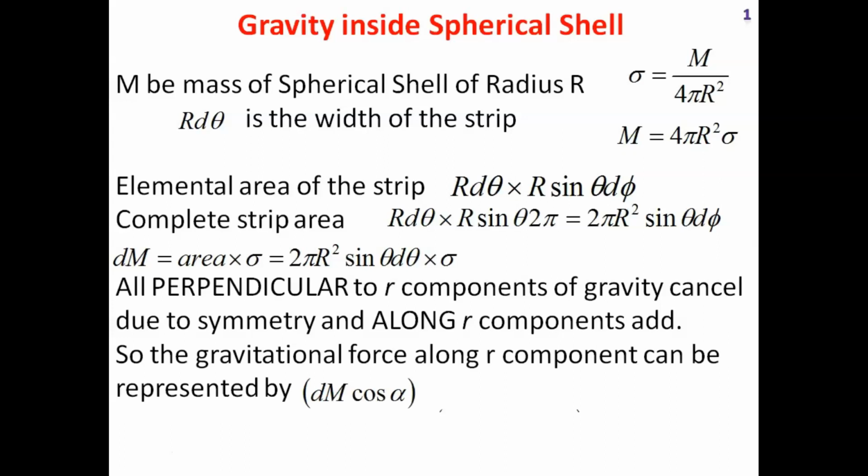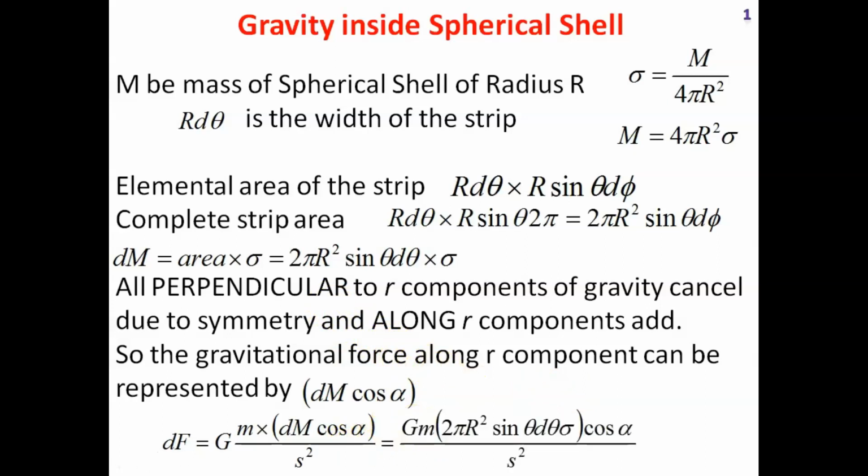So the gravitational force along the r component will be represented by dm cos alpha. Now force is equal to G m M upon r square. So here we are using the formula dF, the small amount of force because of the elemental part of the strip, G m dm cos alpha upon s square, s being the distance between the two. Substituting dm from above, we have G m 2 pi R square sin theta d theta sigma cos alpha upon s square.